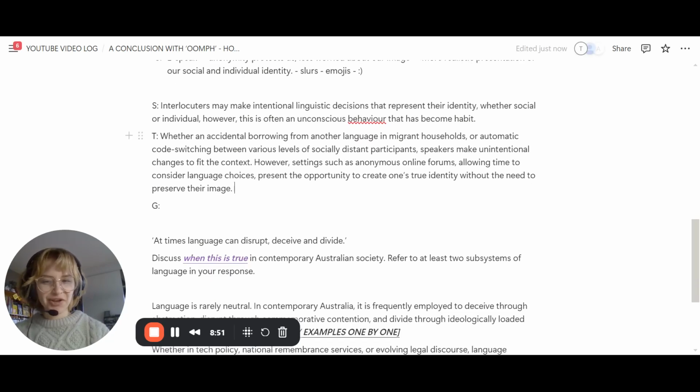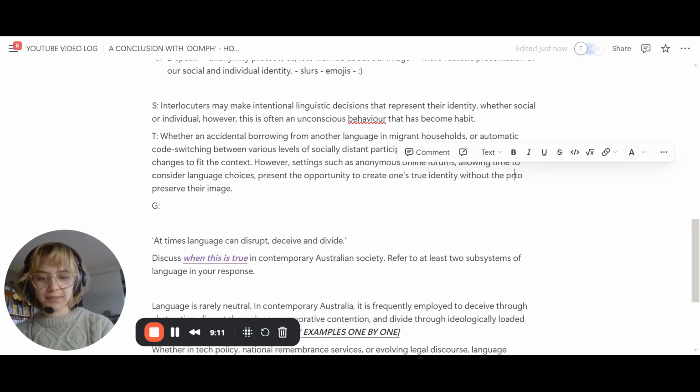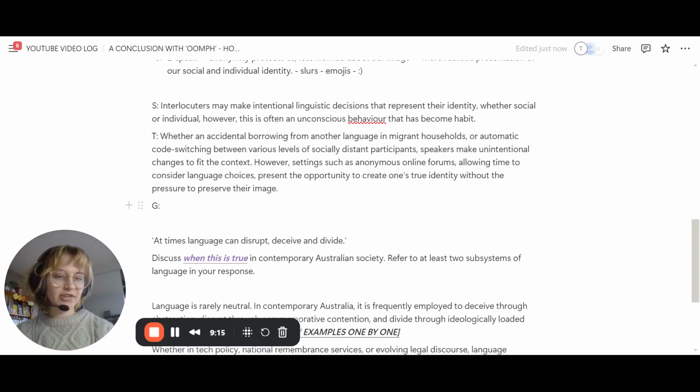I think this might be a bit long, something you can actually talk about in your paragraphs, but because I haven't actually written the paragraphs, we'll leave it here so you have a bit of an understanding of what I'm getting at for this paragraph. So, however, settings such as an anonymous online forum, allowing time to consider language choices, present the opportunity to create one's true identity without the need to preserve their image, or without the pressure to preserve their image. Okay, and then G is our general statement.